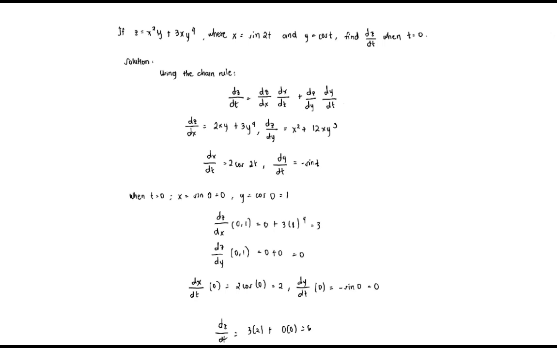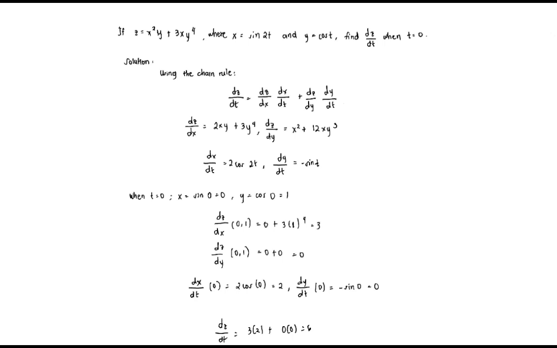So we have dx/dt equal to 2 cosine 2t, and dy/dt equal to negative sine t. When t is equal to 0, our x becomes sine 0, which is 0, and our y becomes cosine 0, which is 1. So we have dz/dx at (0, 1) equal to 0 plus 3 times 1 to the fourth power, which is 3.